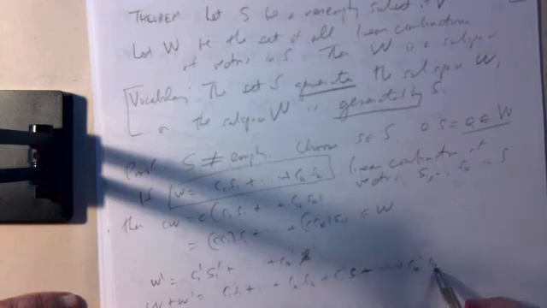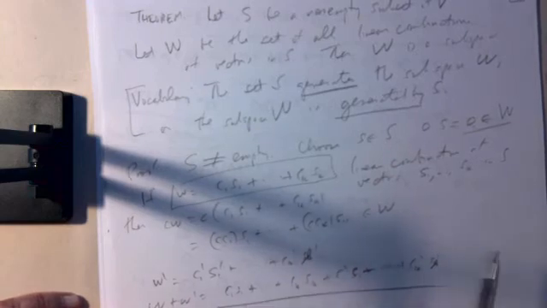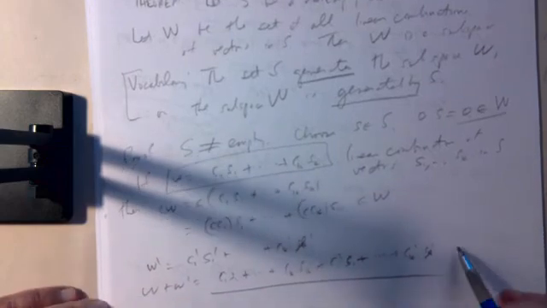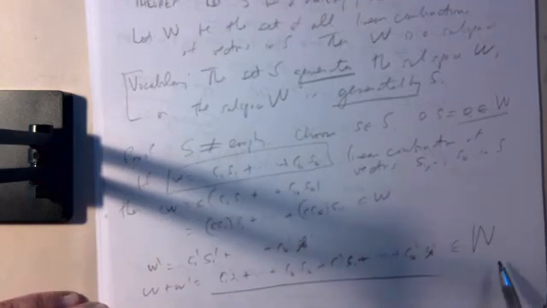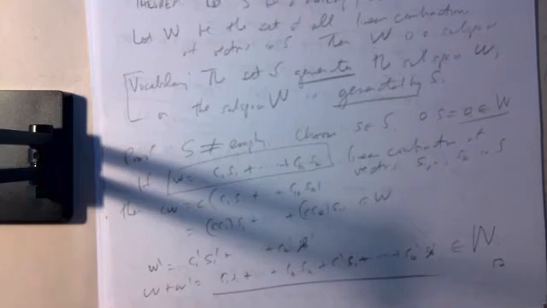But it's some big linear combination of vectors in S. So this is also in W. So the set W also is closed under scalar multiplication and vector addition and contains 0. So that proves our theorem.